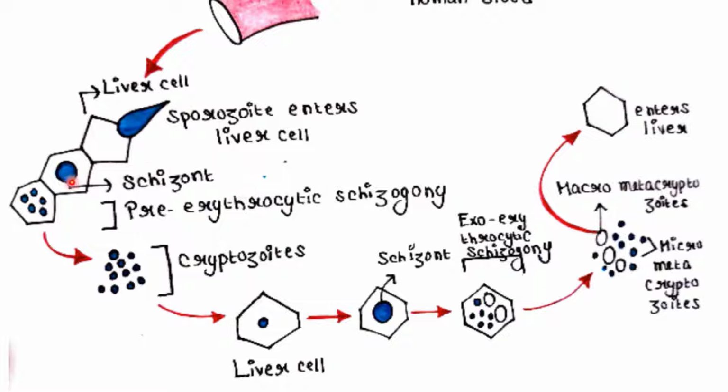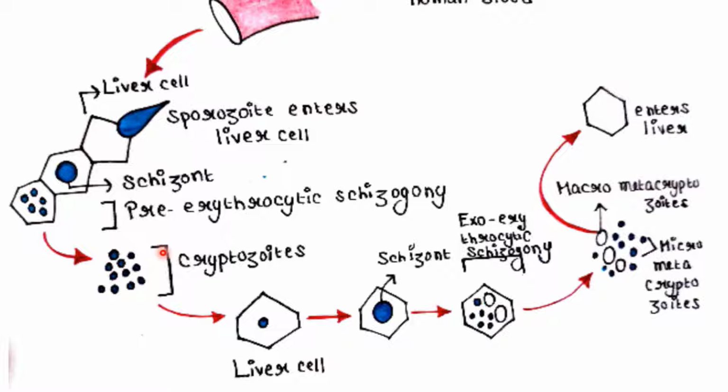Now, one schizont forms multiple such cells inside the liver cell. These cells are called cryptozoites. When many such cryptozoites are formed inside a liver cell, the liver cell bursts due to the pressure, and these cryptozoites get liberated.